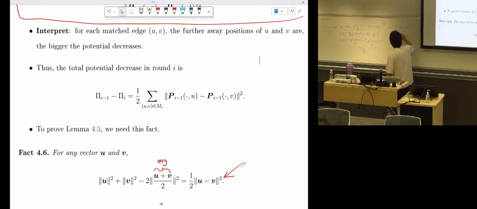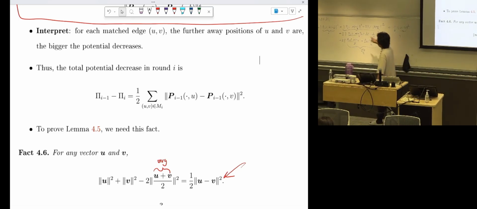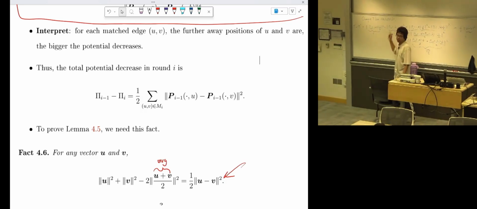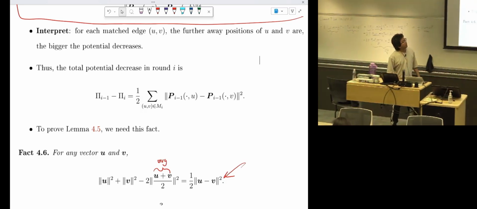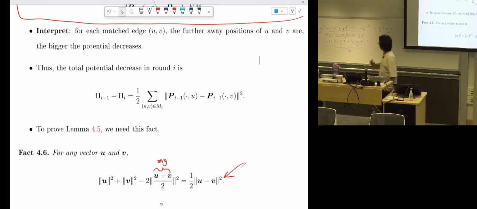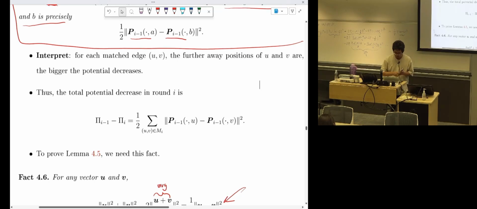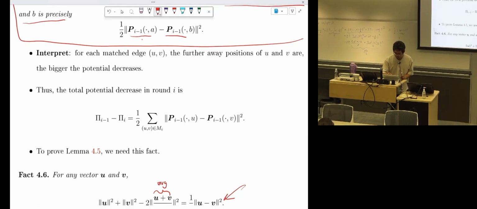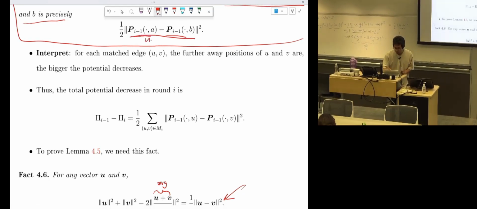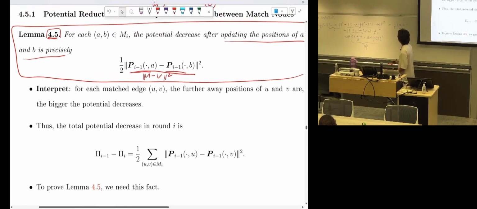This is just the difference between the position of A and the position of B. So you get this thing, exactly U minus V square. So we just proved lemma 4.5.